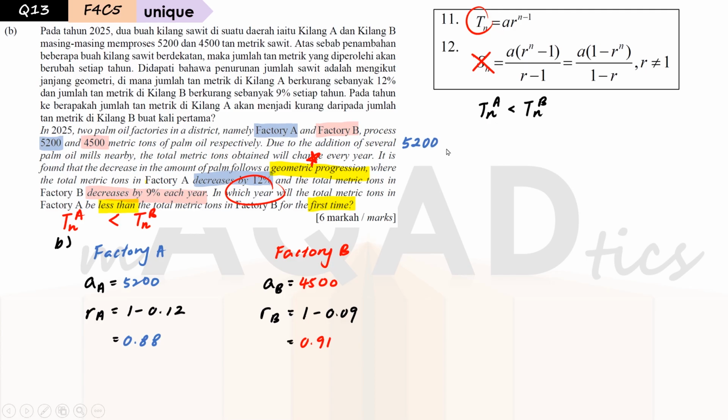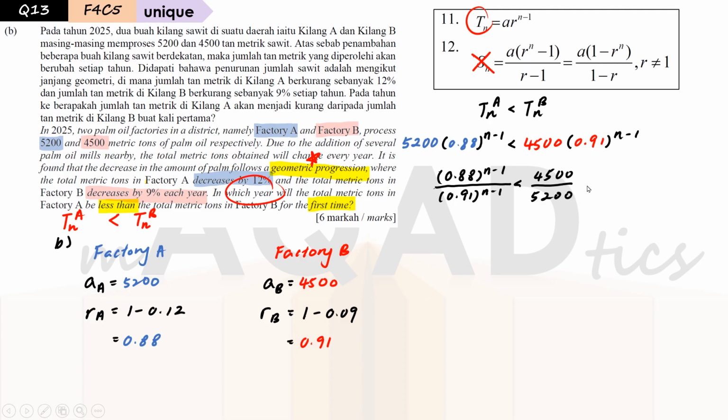So a will be 5200, r will be 0.88, and there will be a power of n minus 1 here. On the right side, same thing as well: 4500, and the r here will be 0.91 with the power n minus 1. Now for the terms which have n, I'm going to move them to the left side, and those which don't have n, move to the right side.